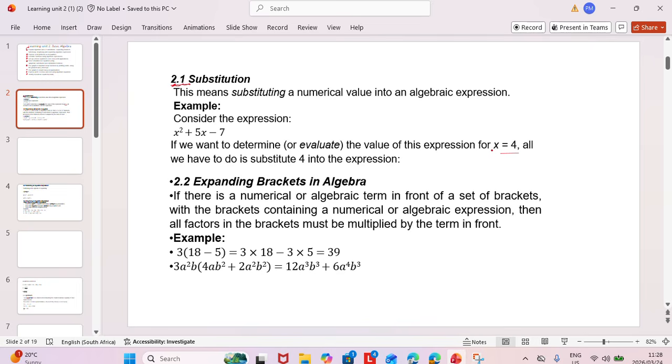Okay, so always guys, when you're substituting, make sure that you open a bracket. So we'll open a bracket, close the bracket, squared, plus 5, where there is x again, open a bracket, you substitute and put 4 minus 7. And then after that, you just press your calculator and find the value of this algebraic expression.